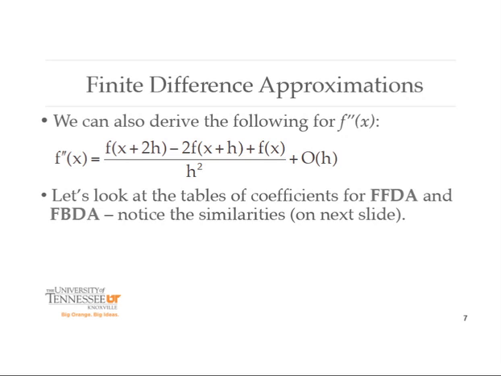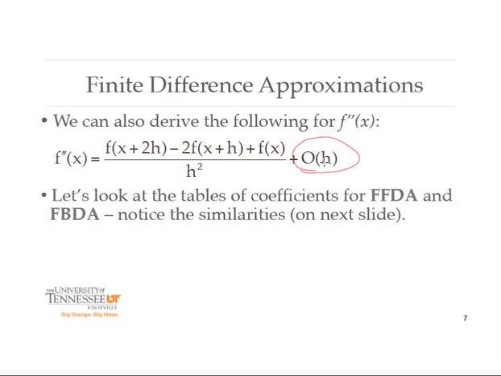Why is it forward? Because if you knew the function f of x, you would need to know it at x plus h and then f of x plus 2h. So you have to take another step forward. The error again, these forward difference or backward approximations are not as accurate as the central difference ones. So just remember that.